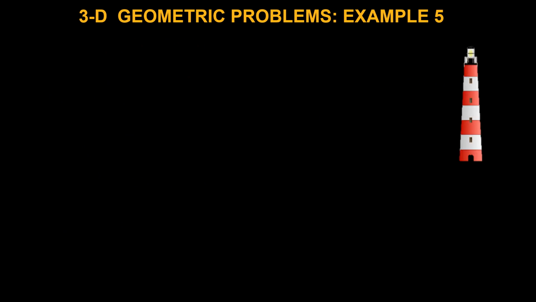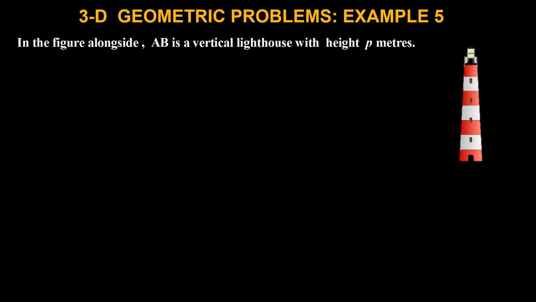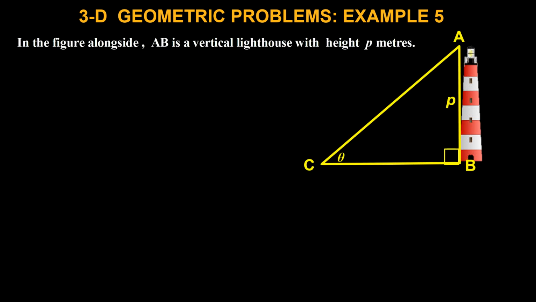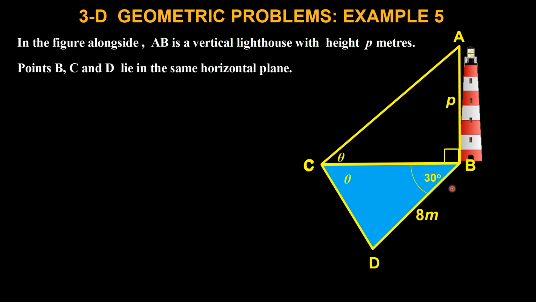Let's look at another situation here. There we've got a lighthouse, right? There's a vertical lighthouse, and the height of the lighthouse is P. Vertical, that's why we've got a 90 there. And then we have points B, C and D, that's in the horizontal plane, the shaded area in blue.